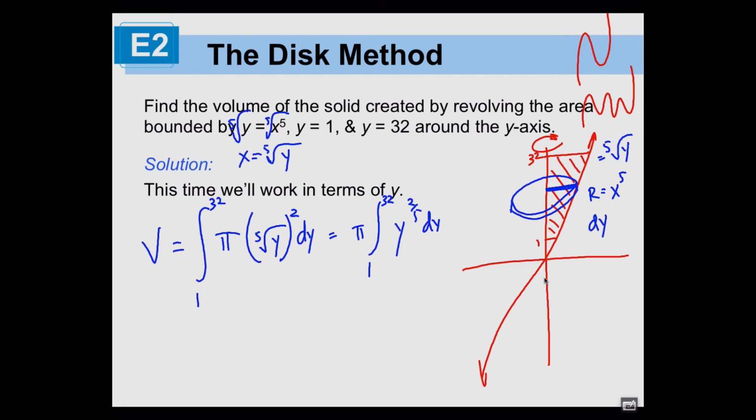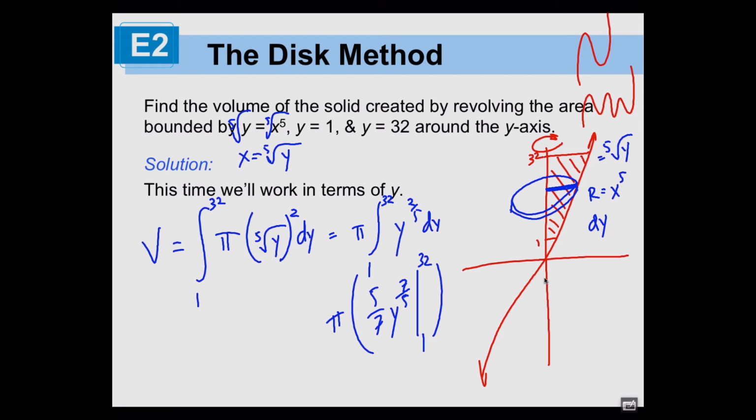What's the antiderivative of y to the 2/5? 5/7 y to the 7/5. Good. Evaluate it from 1 to 32, and then take that whole thing and multiply it by pi.